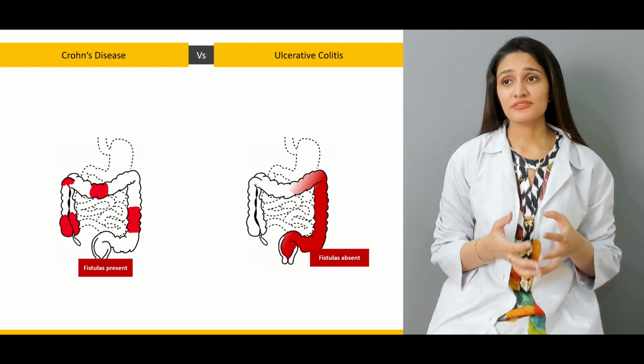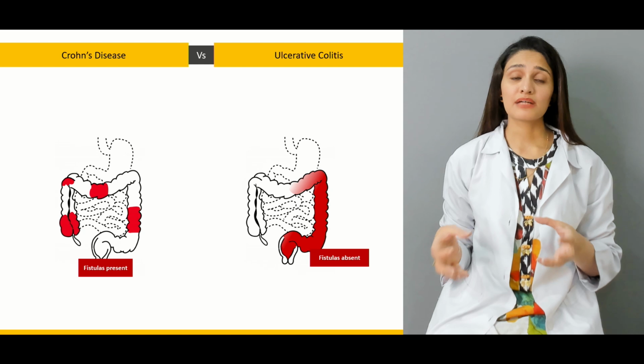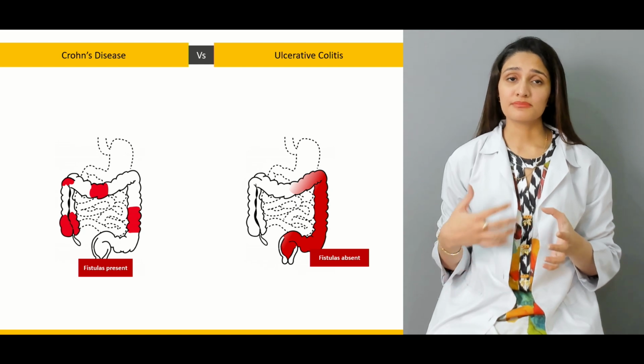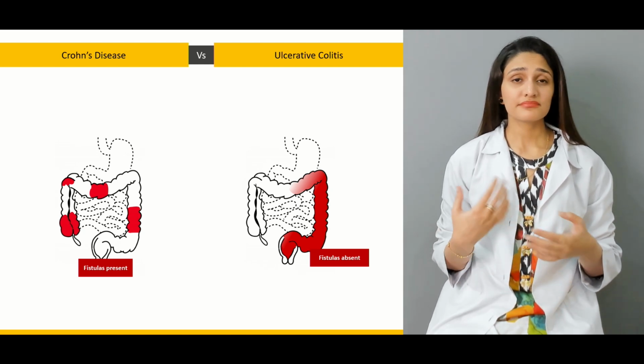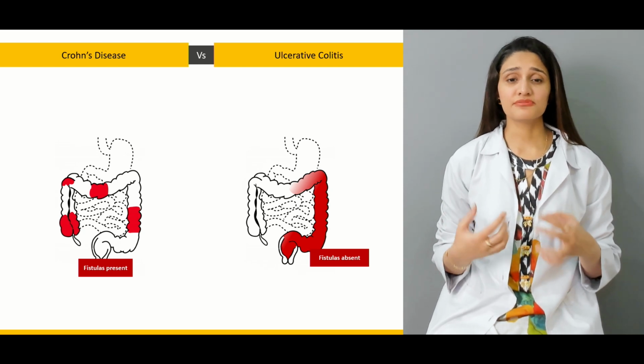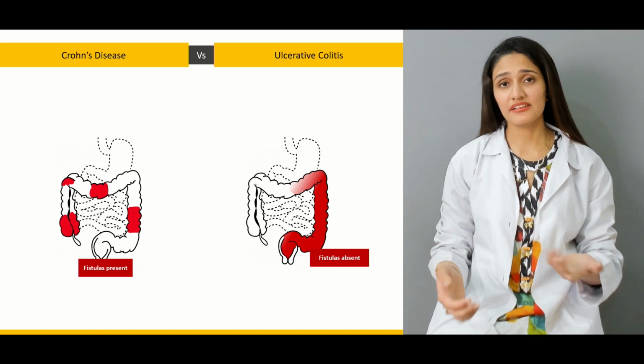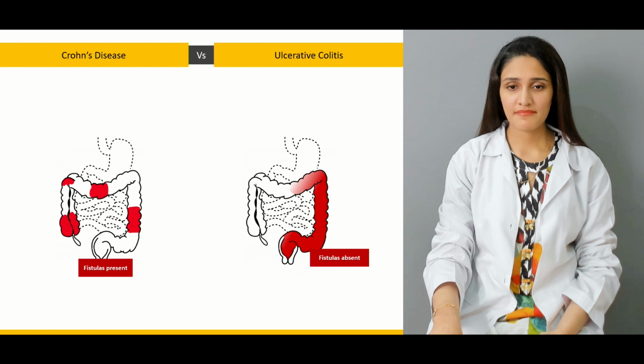A patient who has had long-lasting Crohn's disease is very prone to this type of complication, which the patient might present with pain and discharge within the perianal region, which is typical of fistulas, and fistulas are absent in ulcerative colitis.